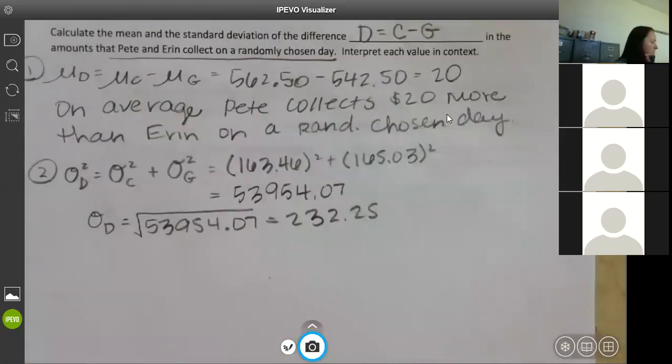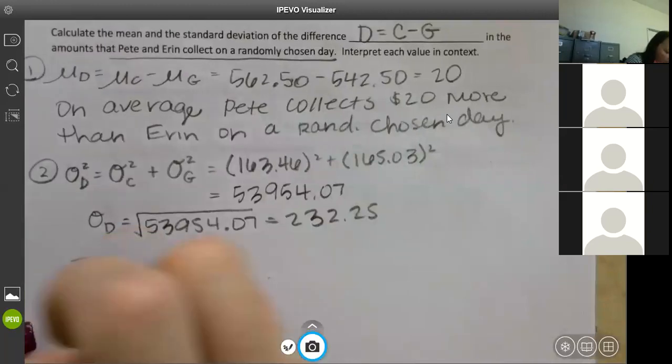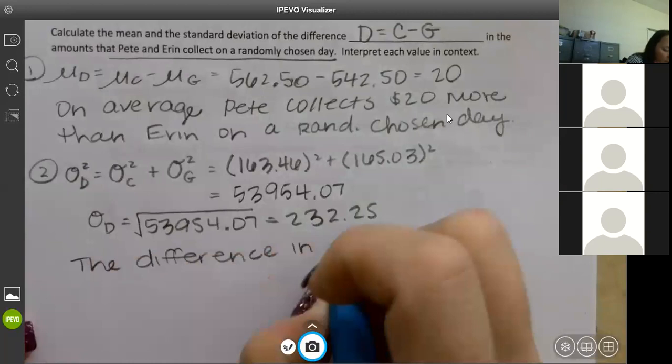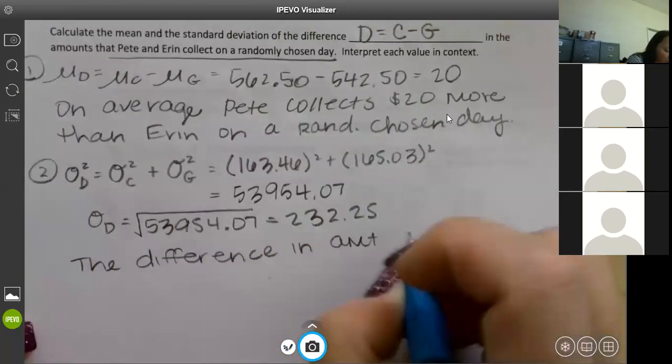So interpret this. What were we doing? We were doing the difference in amounts collected.